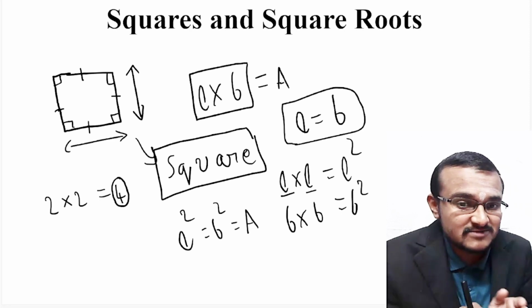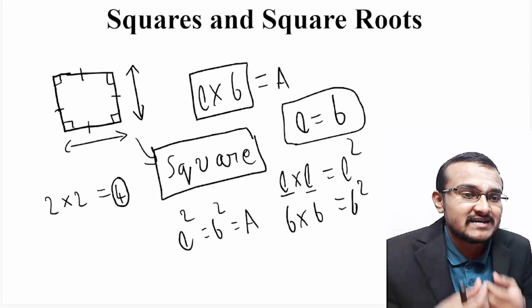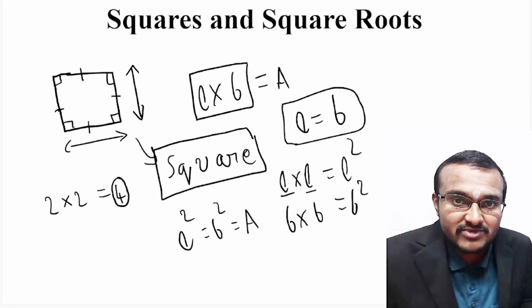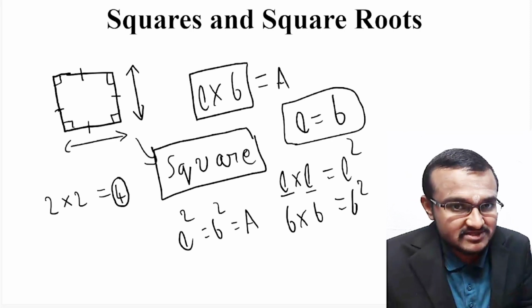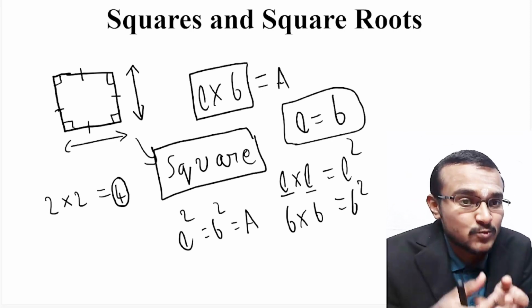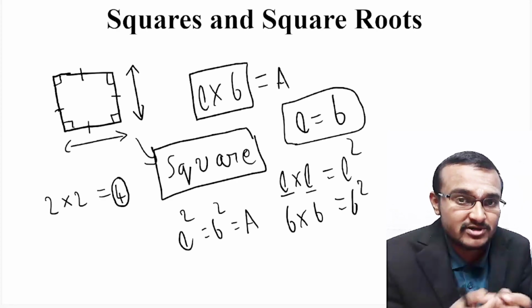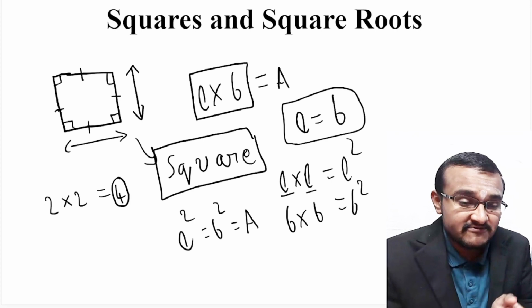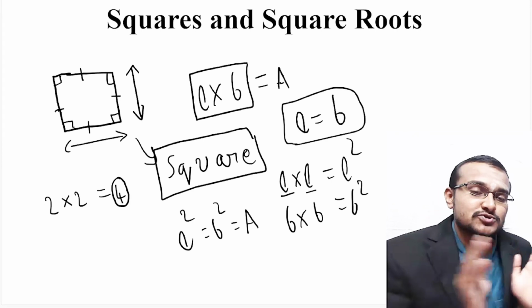That is why a square is known as a square, because it uses the same length 2 times. So the value you get after multiplying the same number 2 times with itself will be the square of that number.